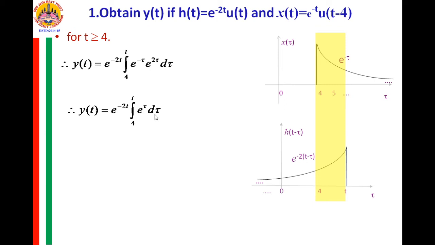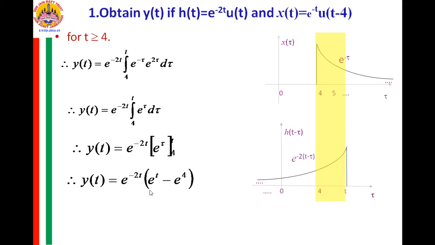Its integration is e raised to tau. And you have to substitute the limits from 4 to t, that is tau equal to t the upper limit and 4 the lower limit, upper limit minus lower limit. So it is e raised to t minus e raised to 4. This is for t greater than or equal to 4.